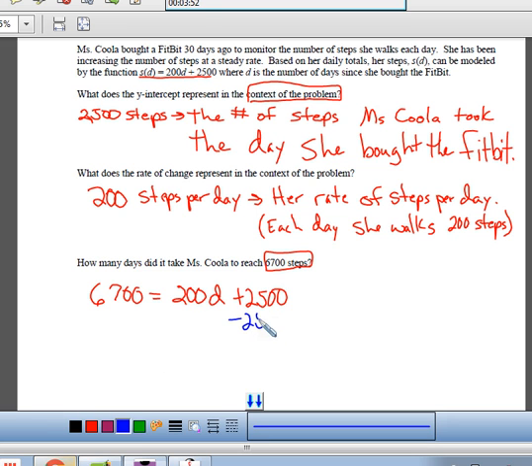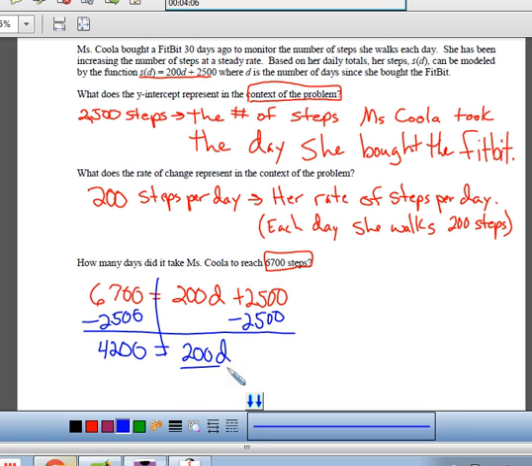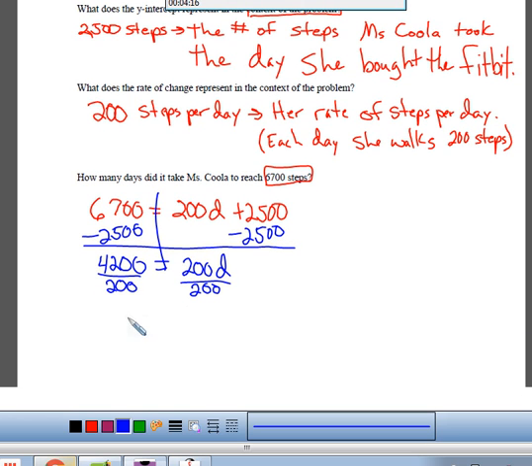Subtract the 2,500 from both sides. And you get 4,200 equals 200D. Now divide both sides by 200. And you get a final answer of 21 equals D. What does that mean?